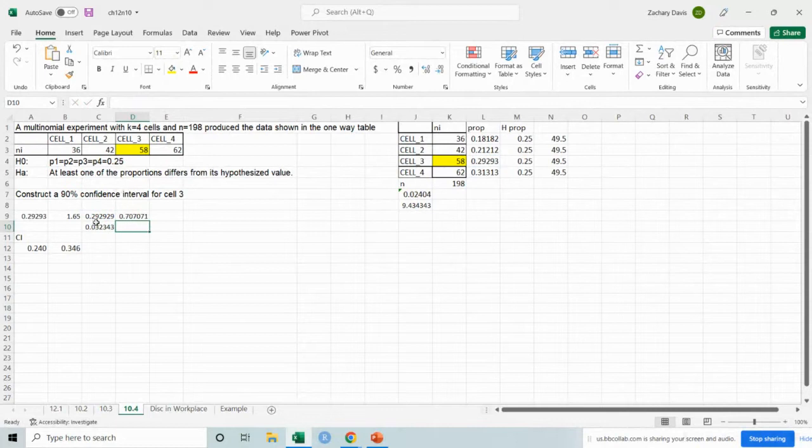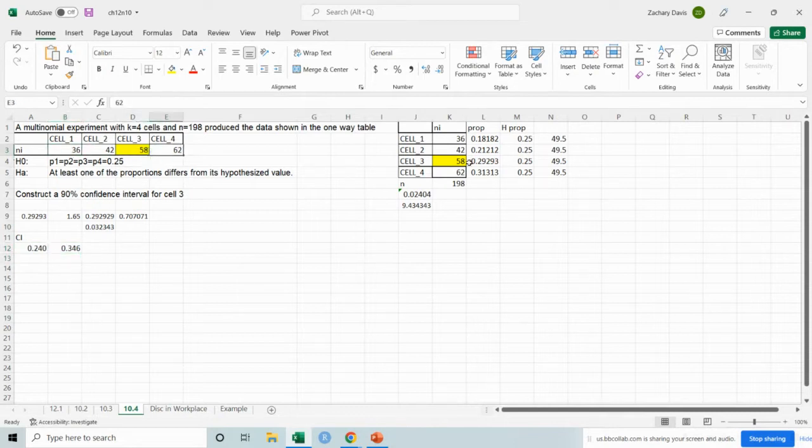This is the complement of that. That's what we need to calculate out. And then we get our confidence interval that we expect the value for cell 3 to be between 0.240 and 0.346.